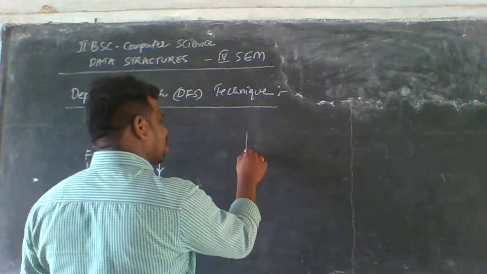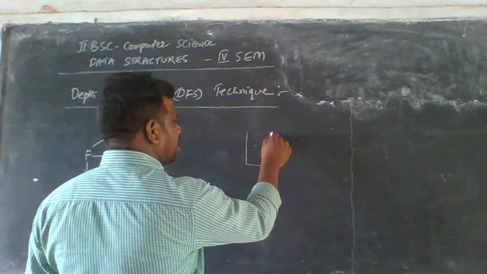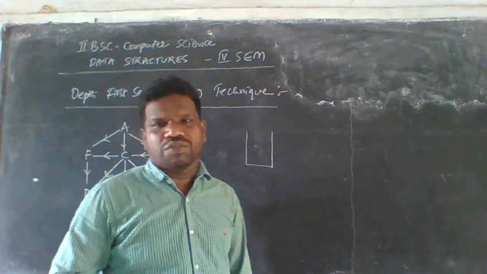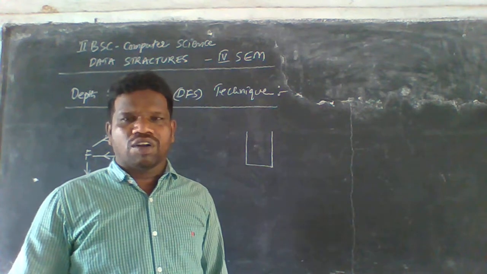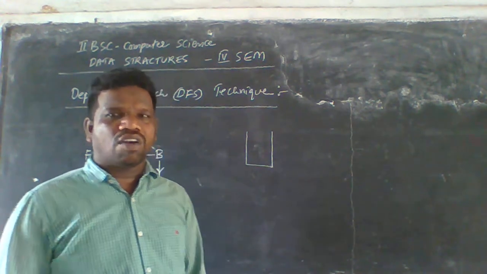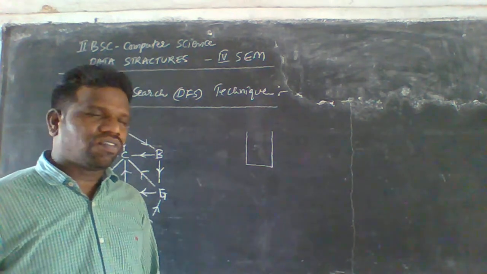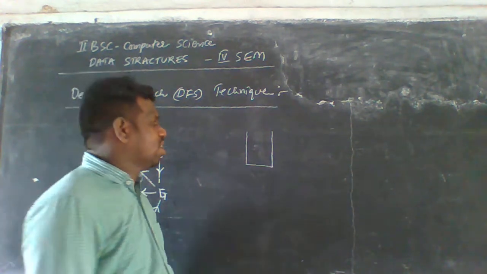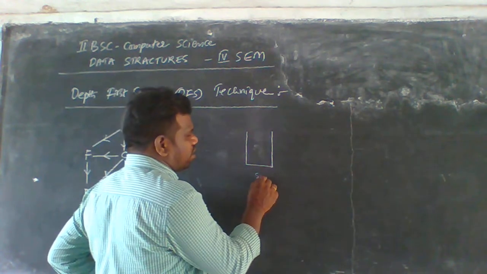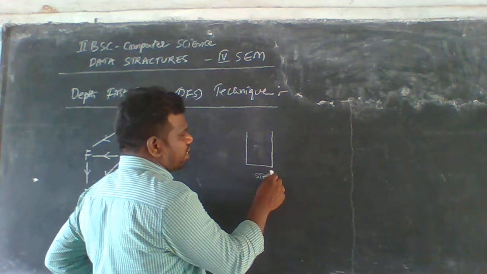Stack is a linear data structure. Using stack, we can perform operations in sequential order, whether insertion or deletion. Okay, so this is one stack here, and this stack contains some locations.